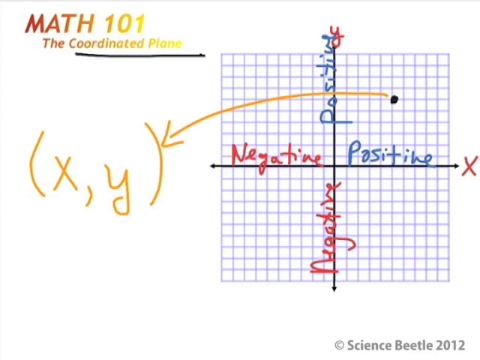Let me erase the arrow so we're not confused. Every point on a coordinate plane has an x value and a y value. The x value always goes first, and the y value goes second, and they're separated by a comma.